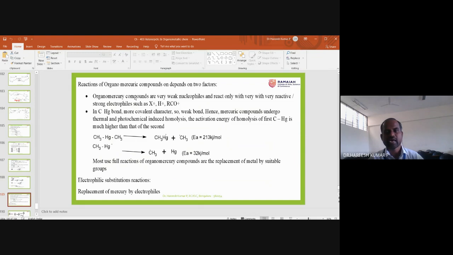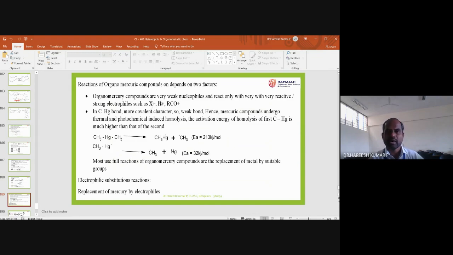One is that organomercury compounds are very weak nucleophiles and react only with very reactive strong electrophiles such as X plus, meaning Br plus or iodine plus.